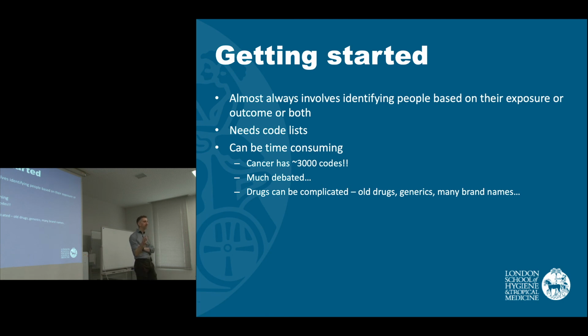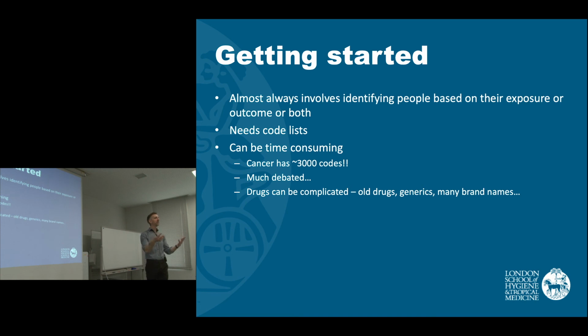Drugs are relatively simple to make code lists for. Diseases can be very time consuming. So if you go to the GP and you've got cancer, the GP will enter a code onto their record for you to say what kind of cancer you've got. Now the GP is free to choose from a massive range of codes, and they will use whatever is most convenient for them to keep a record of you clinically.